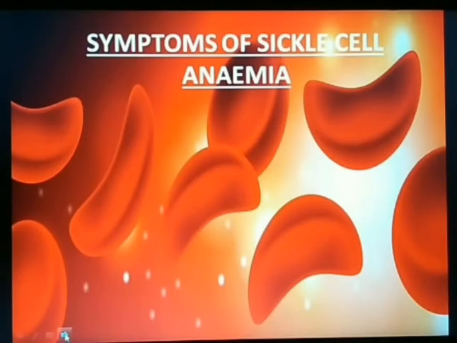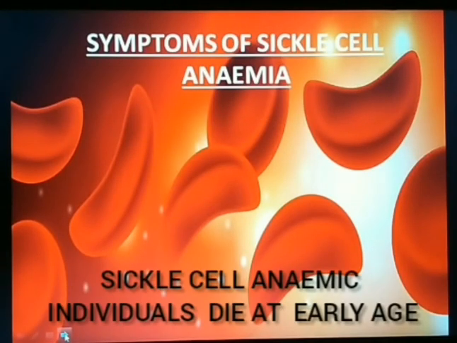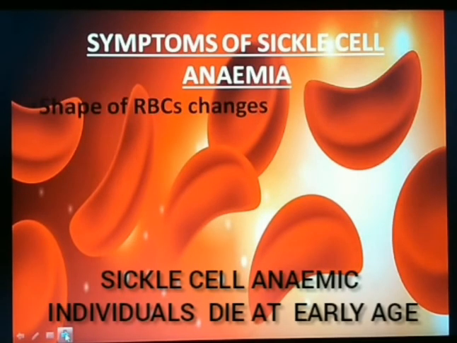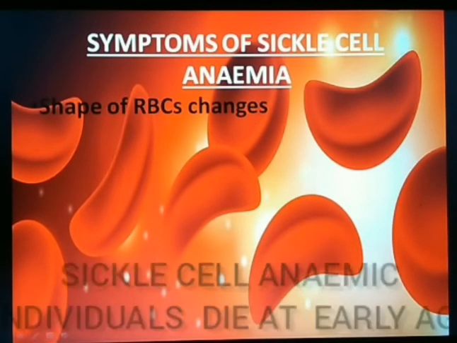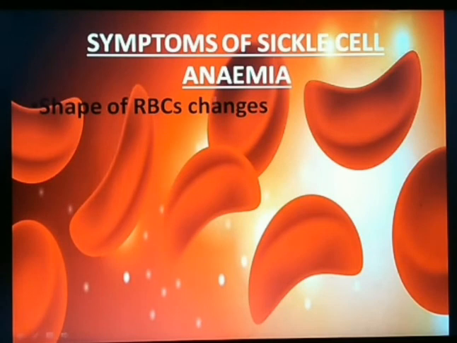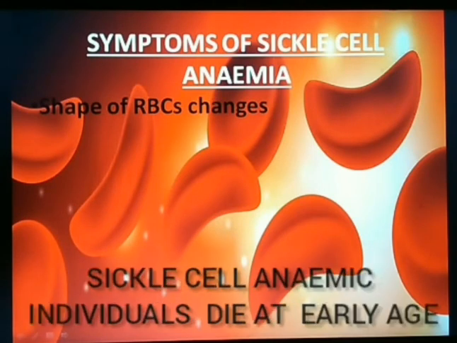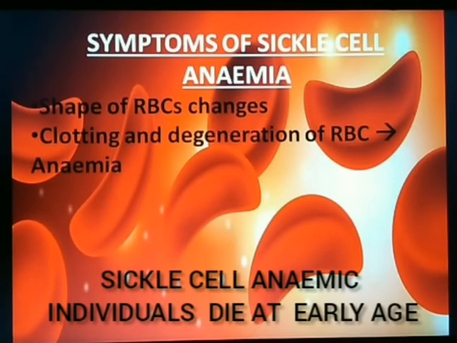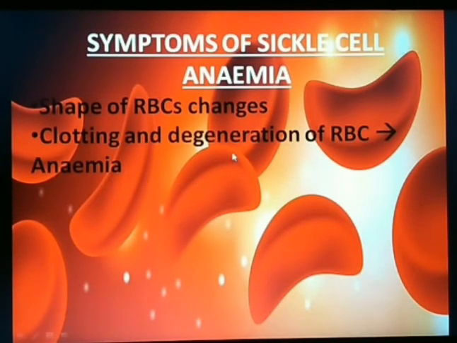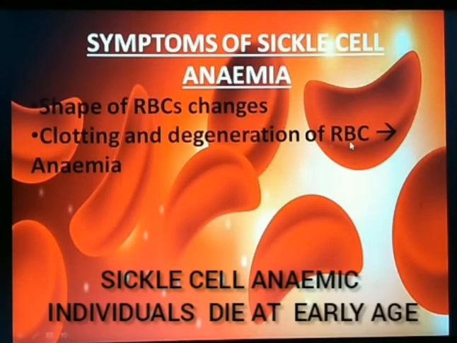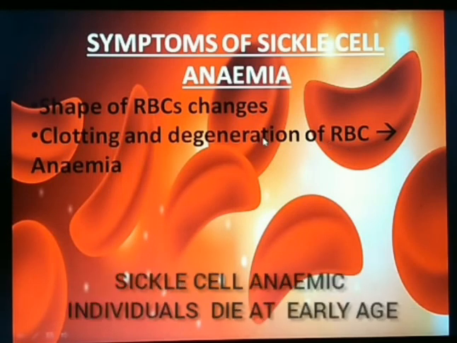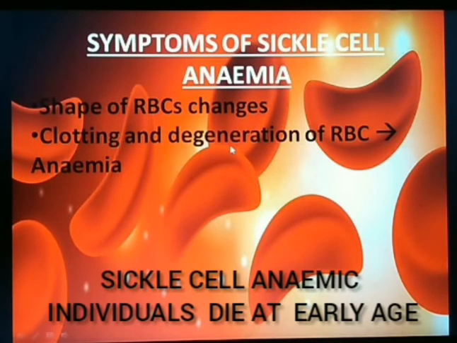The various symptoms that we see in patients suffering from sickle cell anemia are the change in RBC shape from biconcave disc to elongated sickle-like structure, clotting of these RBCs, and also degeneration of sickle cells, which leads to anemia since they can't pass easily through narrow capillaries.